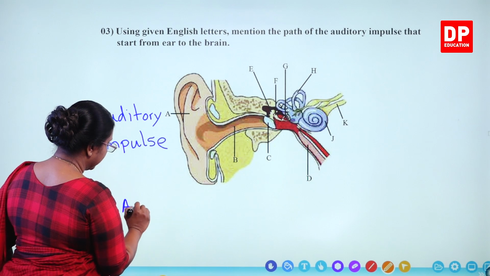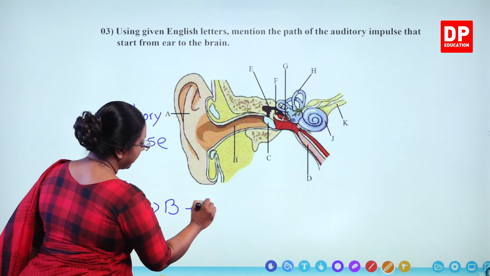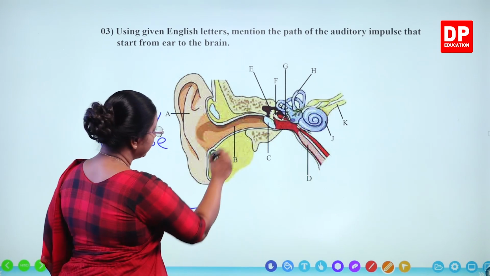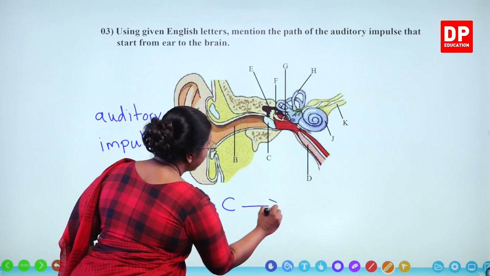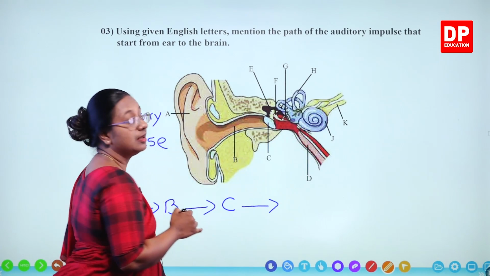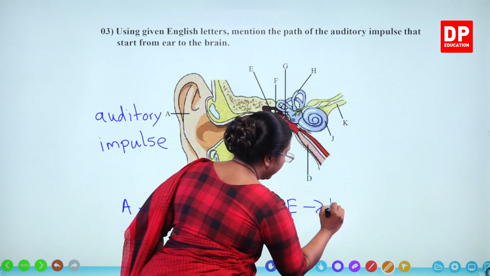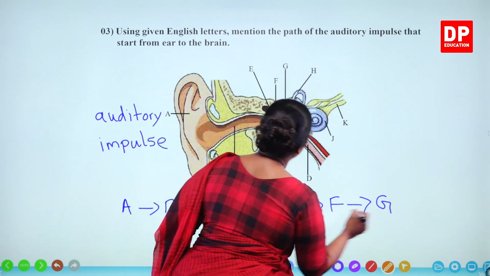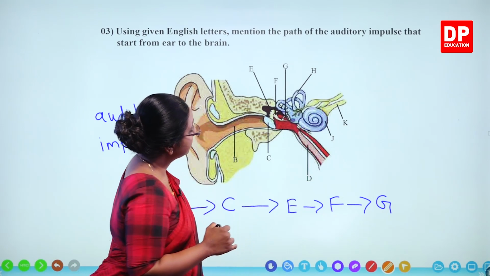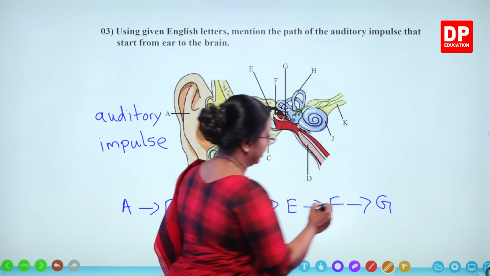So that will be earlobe A, then auditory canal or external auditory canal B. Then from there it reaches the tympanic membrane or the eardrum C. C vibrates. Because of that, E, F and G, the three ossicles, vibrate, and once they vibrate, the auditory impulses are transmitted to J, that is the cochlea.